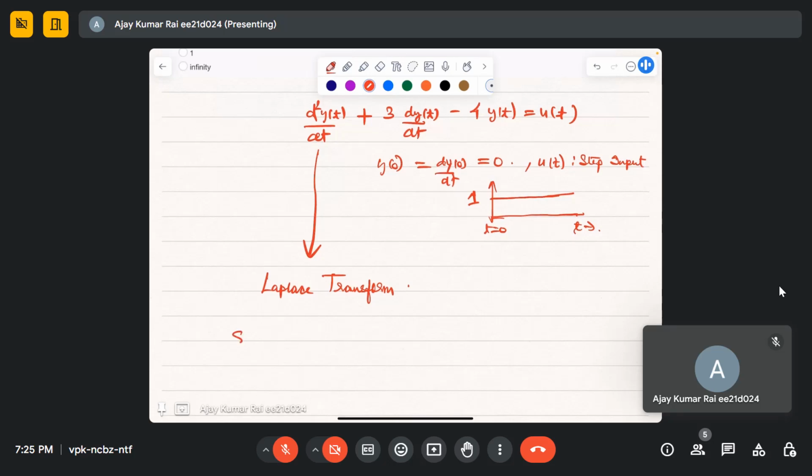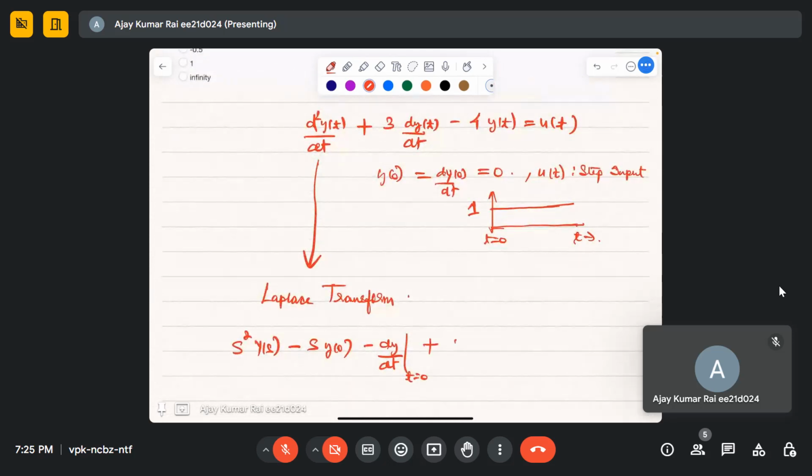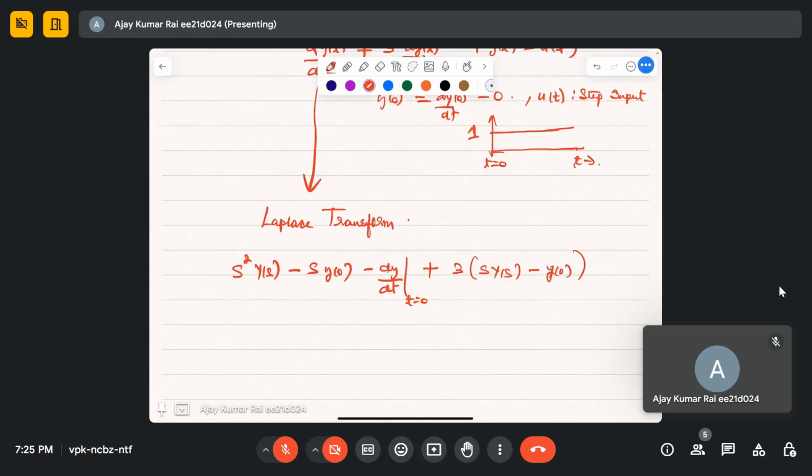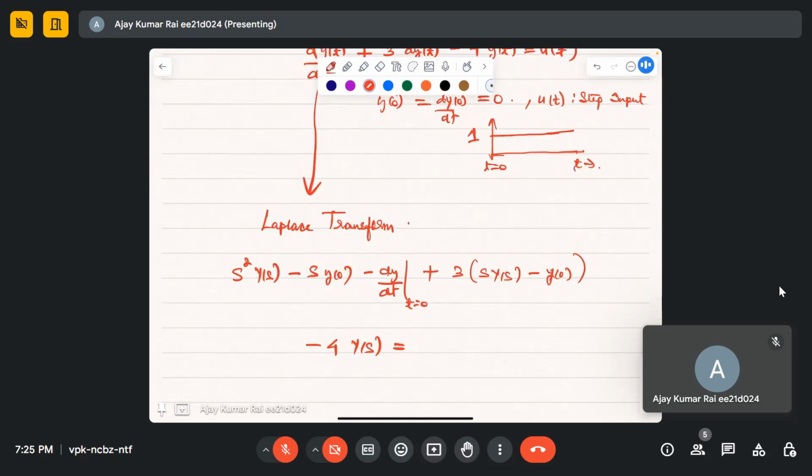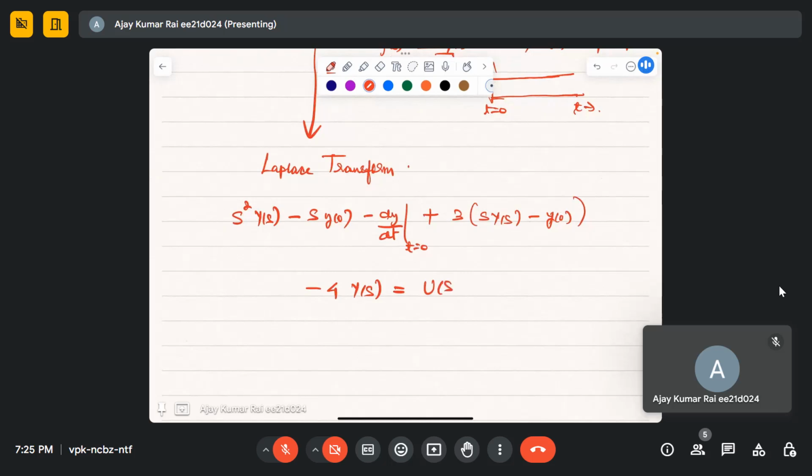You know the Laplace transform is s square Y(s) minus y(0) minus y'(0), which is the derivative at t equal to 0, plus 3 times s Y(s) minus y(0), plus minus 4 Y(s), and this is U(s), which is 1 by s.